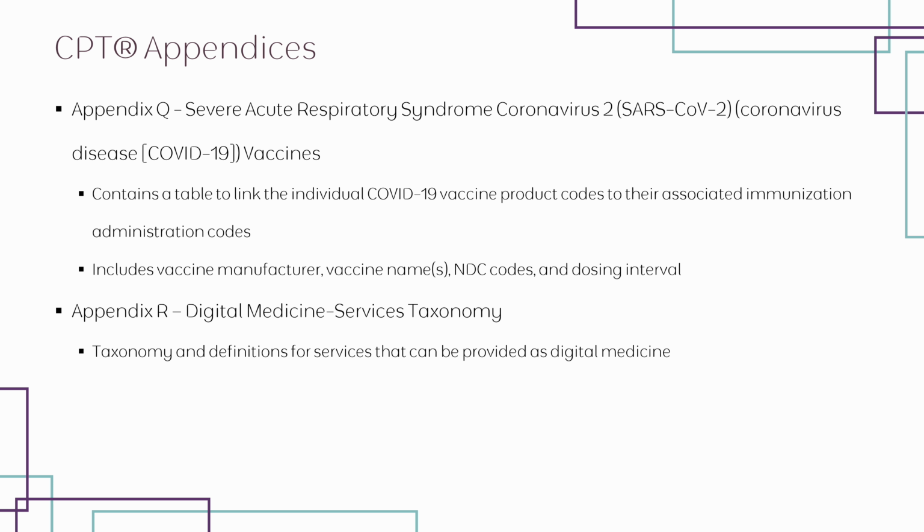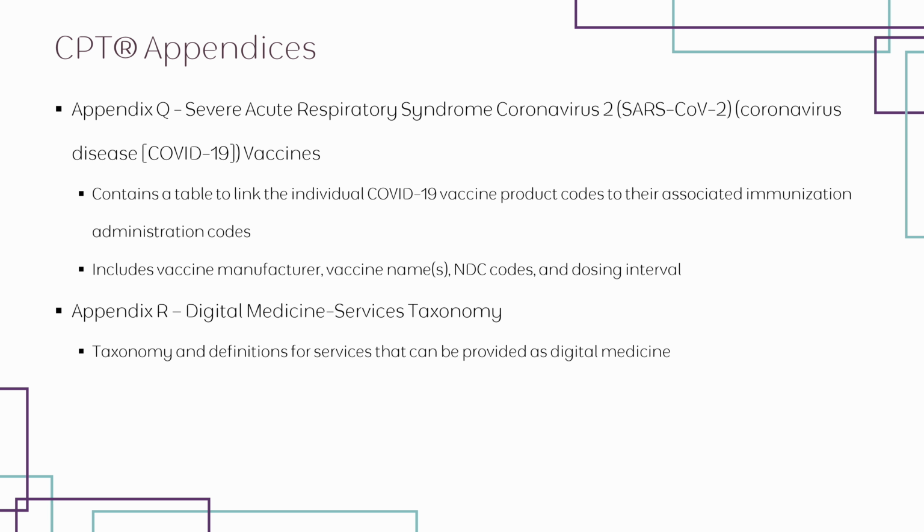Now let's turn to Appendix Q. Appendix Q was created specifically in response to the numerous vaccine and administration codes released for severe acute respiratory syndrome coronavirus 2, or SARS-CoV-2, which is responsible for COVID-19.